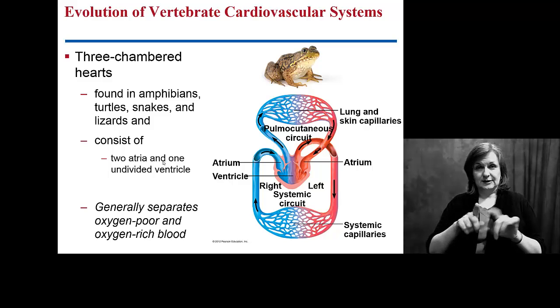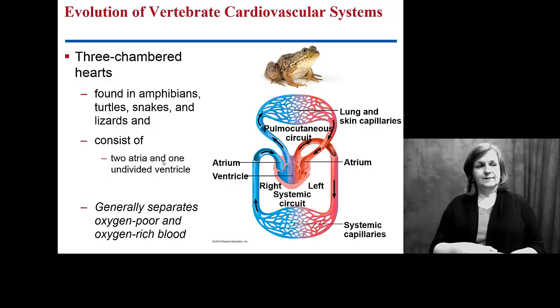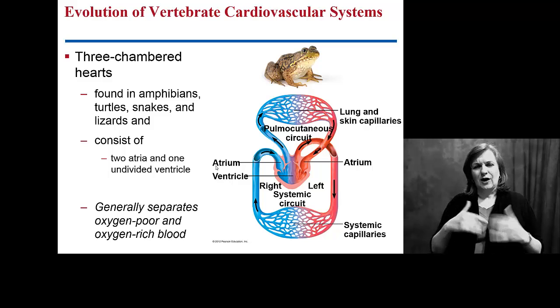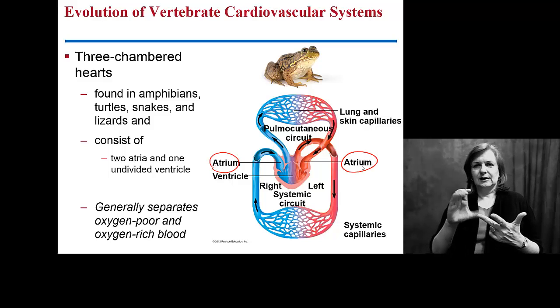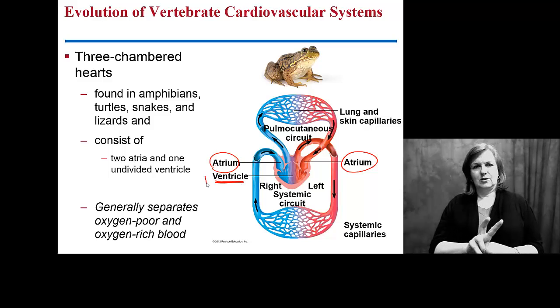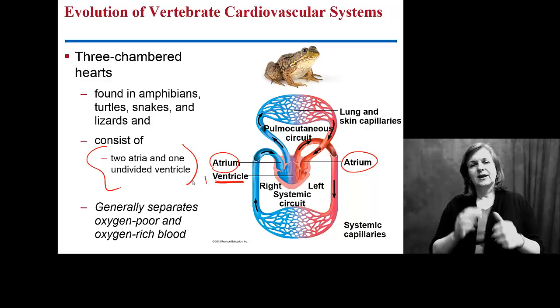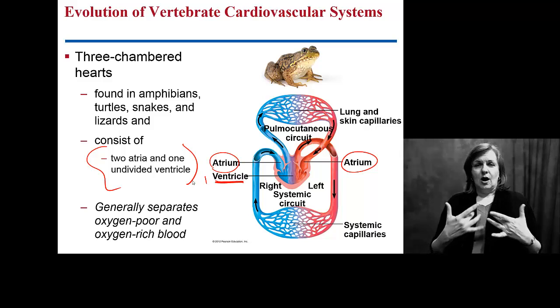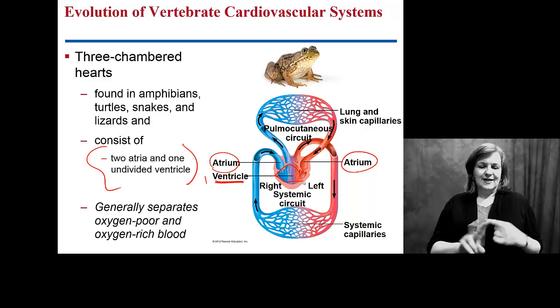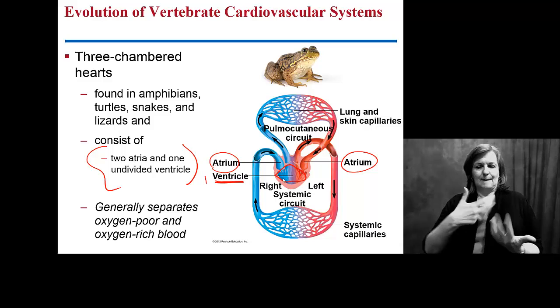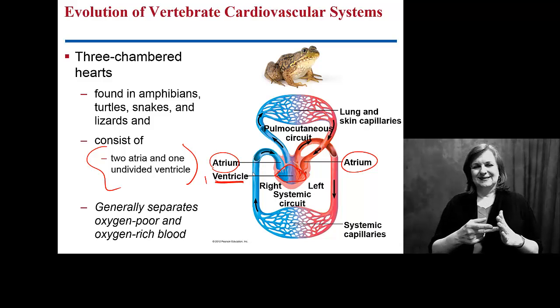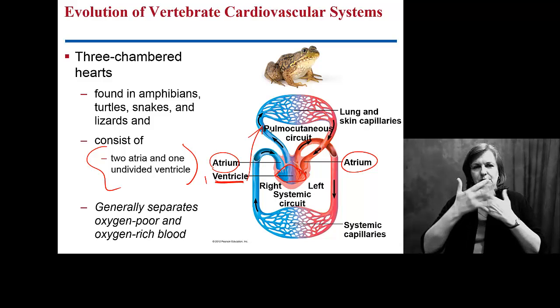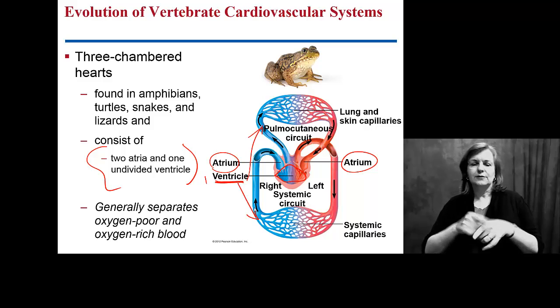We start out more simply even than you with a three-chambered heart, so we get two atria and one ventricle. This idea is that the ventricle actually will have mixed blood and is shared, meaning the ventricle is going to pump blood to the lungs, but it's also going to pump blood to the body.